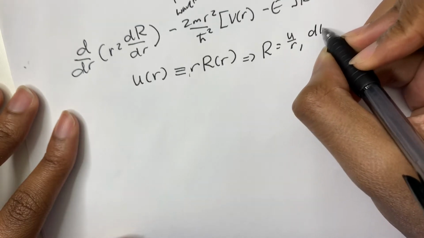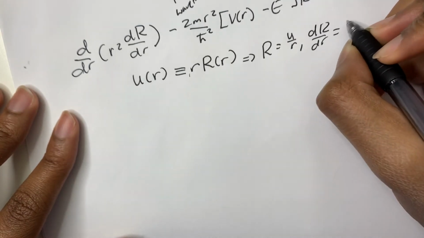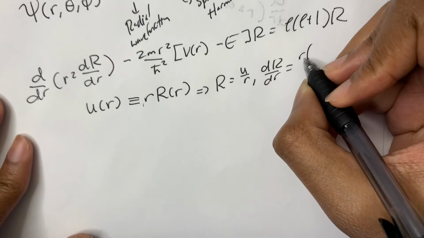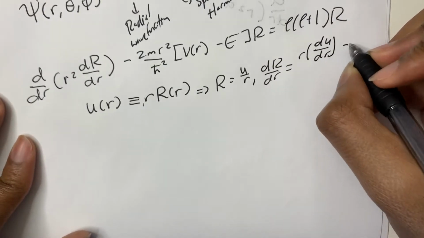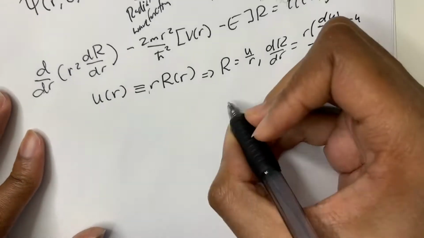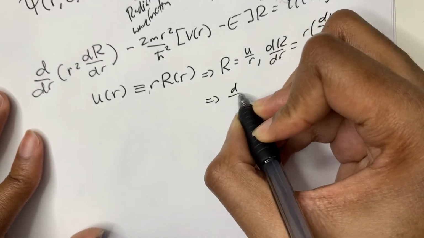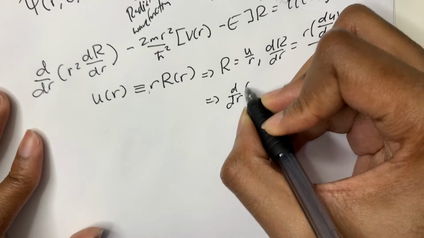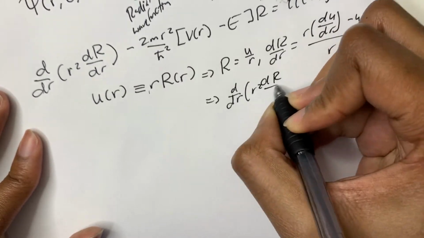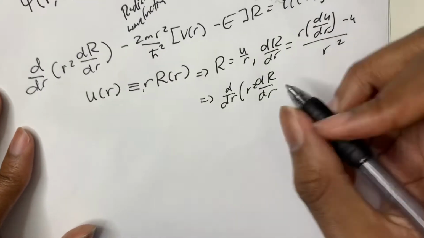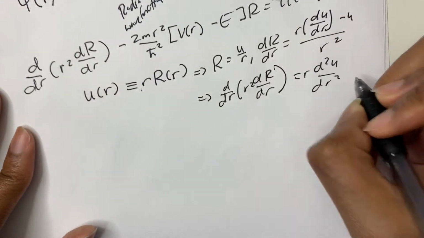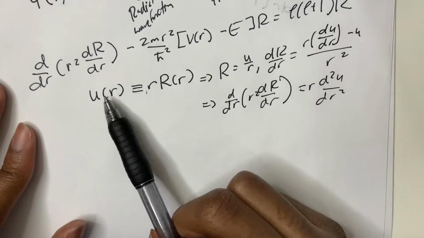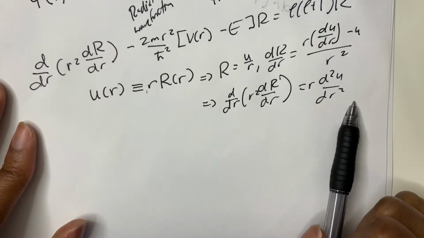It implies that dR/dr equals r times du/dr minus u over r squared. It also implies that d/dr of r squared dR/dr equals r times d squared u over dr squared. And you can check all of these yourselves from this definition of u over here.